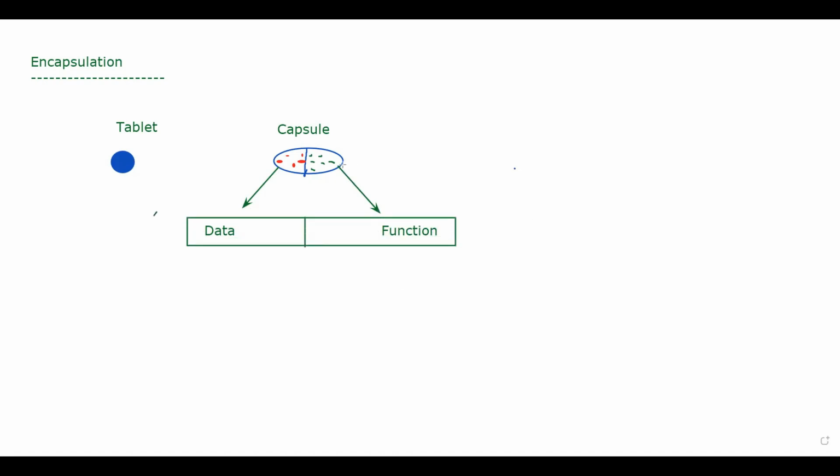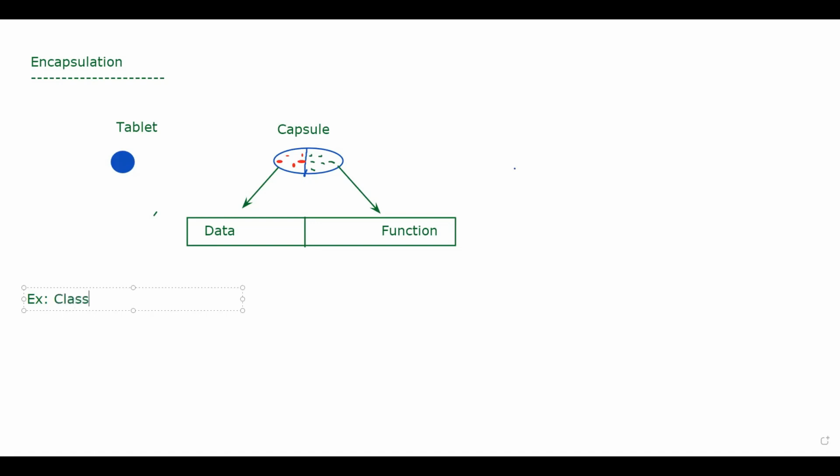Similarly, we need to discuss encapsulation, which is wrapping up data. Data and function combined into one single unit is called encapsulation. What is an example in C# for encapsulation?